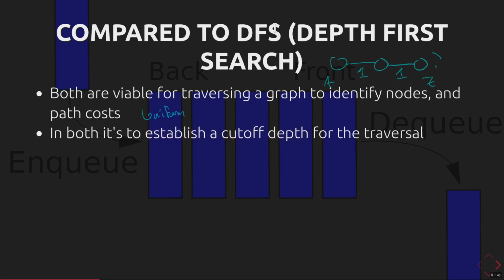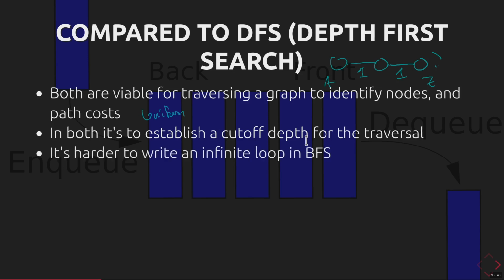In both of them, when you are looking to go to a particular depth, breadth first search, it's really straightforward, but in depth first search, it's also pretty straightforward, right, when you have a depth bound. It's harder to write an infinite loop in BFS, and especially when you write depth first search, as I do, I tend to write DFS recursively, and sometimes I don't catch my base conditions, and I'll have an infinite loop and then have to debug why.